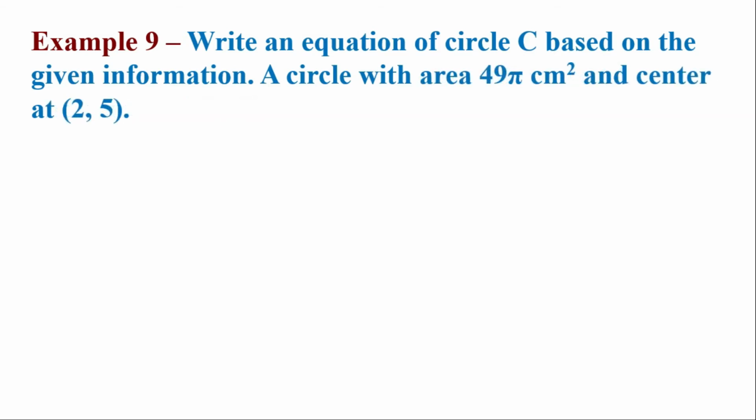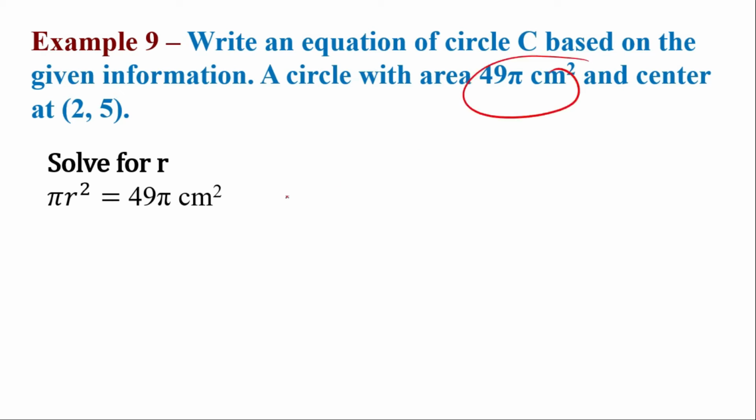And lastly, it is given an area of 49 pi square centimeters and a center at 2, comma 5. So let's solve for the radius first. We know that the formula for area is pi r squared. Let's equate that to the area of the circle to get the radius.